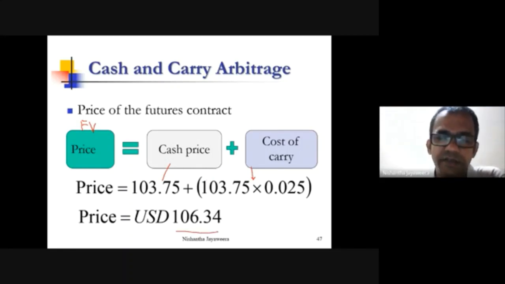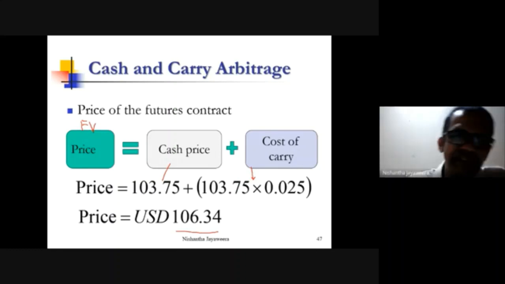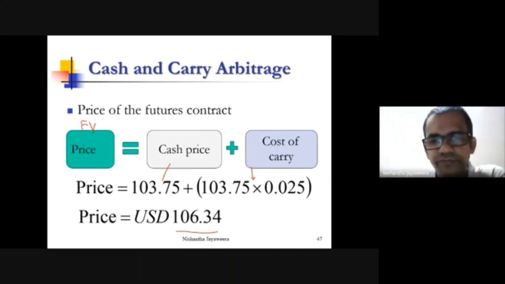That means after 1 year, for your borrowing of $103.75, this is the amount that you are going to borrow, because this is the price of an oil barrel. You need this 103.75 today to buy one oil barrel. After 1 year, at 2.5%, you have to pay 106.34.